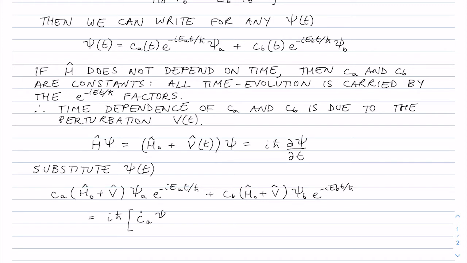And on the right-hand side, all of the time dependence is carried in the CA and the exponential factors, which we've separated out. And so now we have to put in two terms rather than just one, but it's worth it for us. So that's the first term on the right-hand side, and the second term on the right-hand side is the same thing but for CB and psi B.